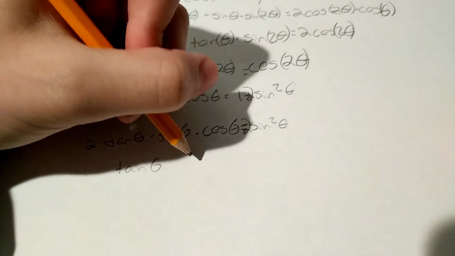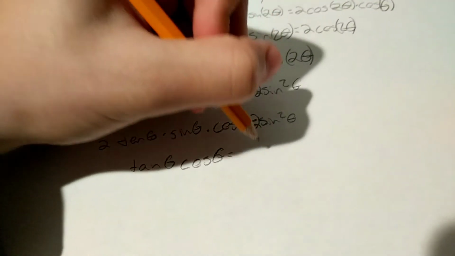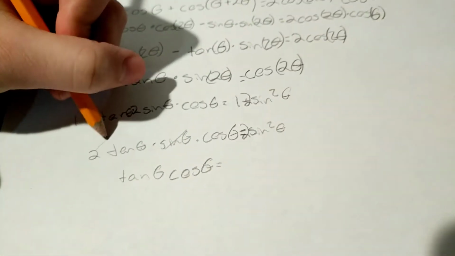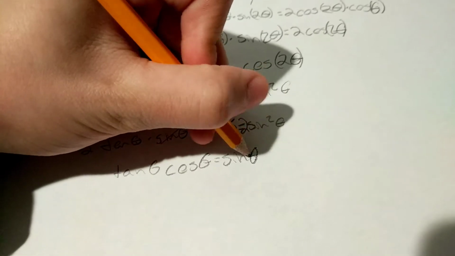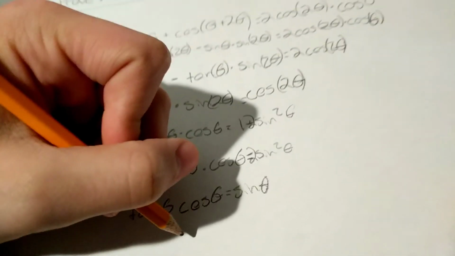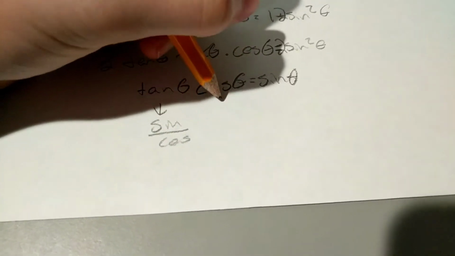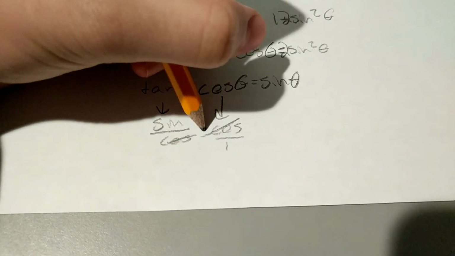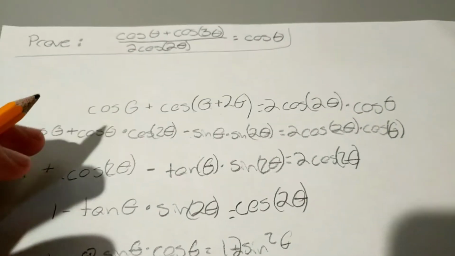So I get tangent times cosine is, because one of the sines cancels out, equal to sine of theta. Since tangent is equal to sine over cosine, and then this is just cosine, those both cancel when they're multiplied, and you get sine is equal to sine, which proves this identity.